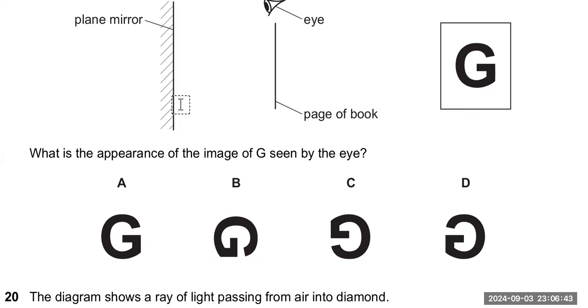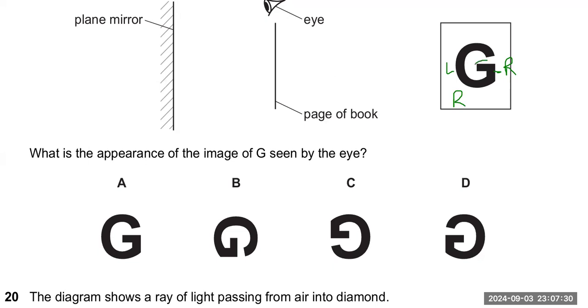If you look at your image in the mirror, your right becomes left and left becomes right, but it remains upright. When you look at this G in the mirror, the side that was on the right will become the left.